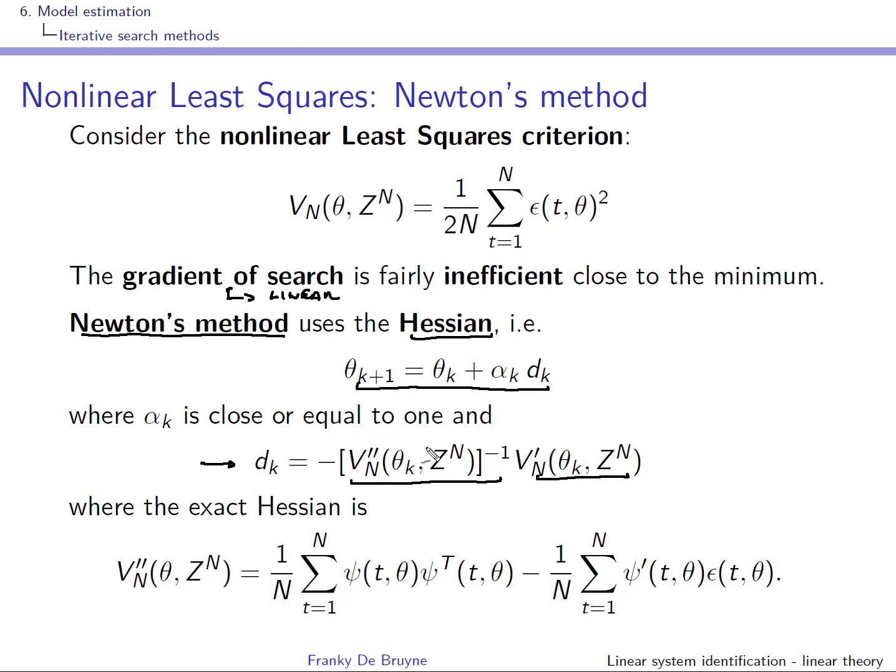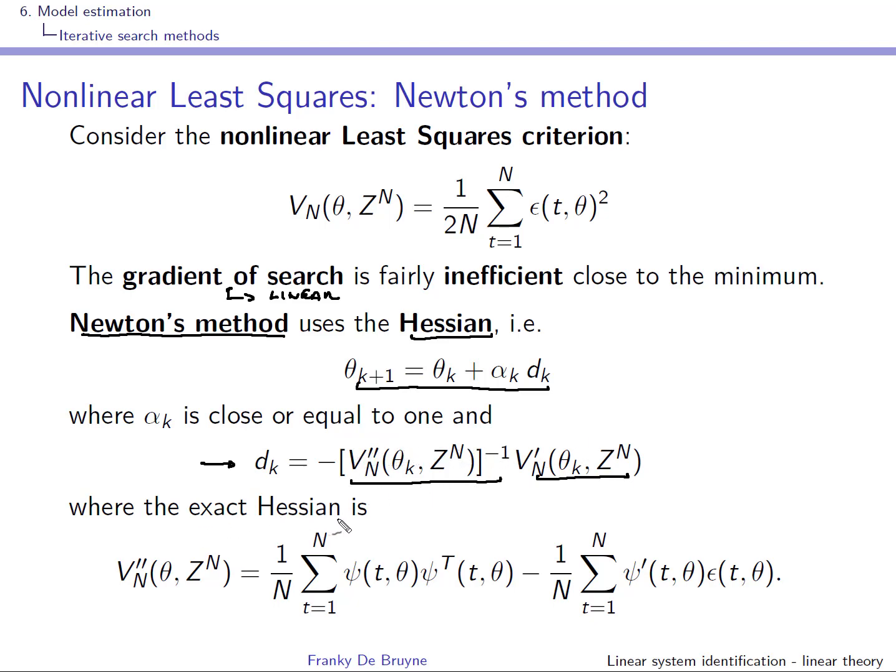The Hessian is obtained from the gradient by taking a derivative. The gradient is a vector, but the Hessian is really a matrix, and if theta contains d parameters, this will be a matrix that is d by d.